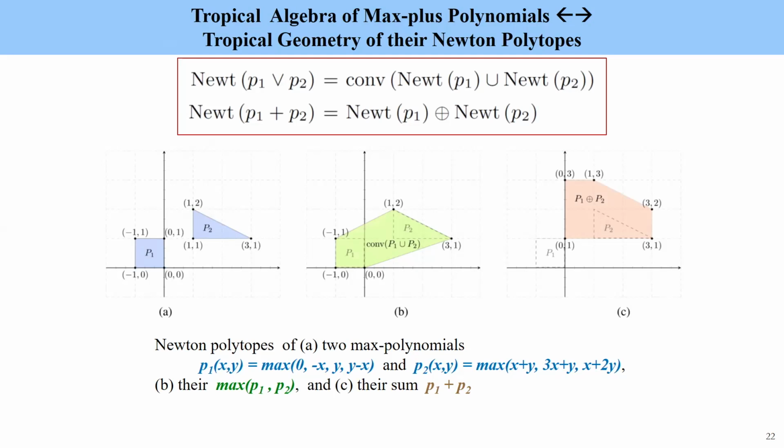Well, summing the two polynomials corresponds to taking the Minkowski addition, the Minkowski sum of the Newton polytopes, and you see the result on the right. The middle one, the green one, is the Newton polytope for maxing the two polynomials. The right one, the brown, corresponds to the Newton polytope of their sum.